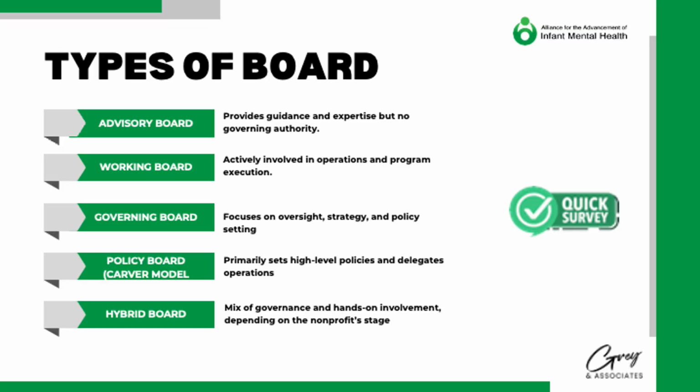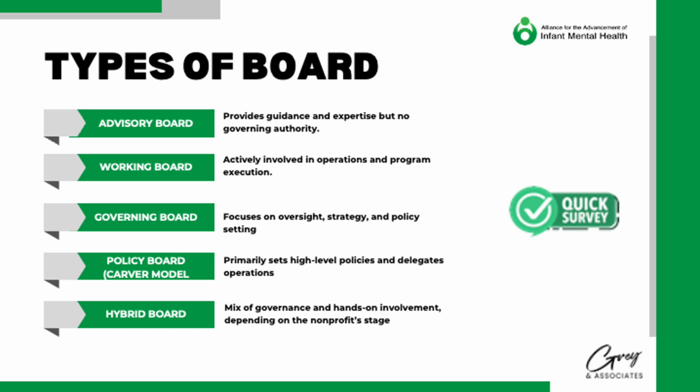All right. So there are different kinds of boards, and we sort of talked about that earlier. You have an advisory board that provides guidance and expertise, but no governing authority. Then you have your working board, actively involved in operations and program execution. You have the governing board, focusing on oversight, strategy, and policy setting.